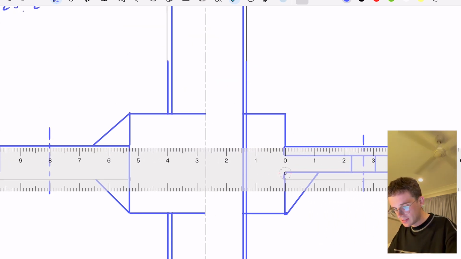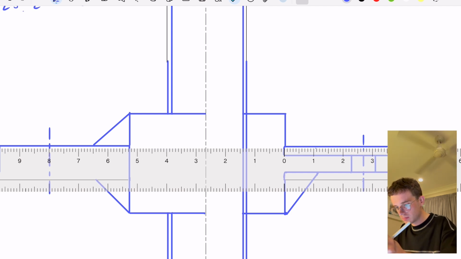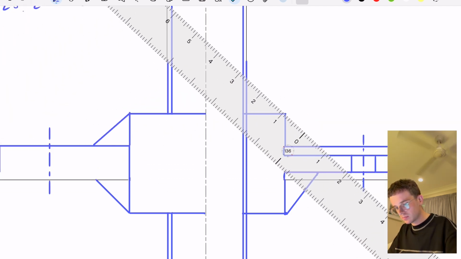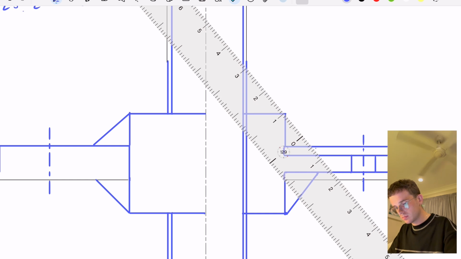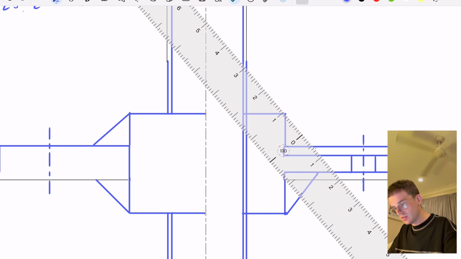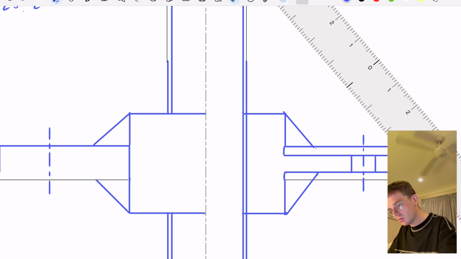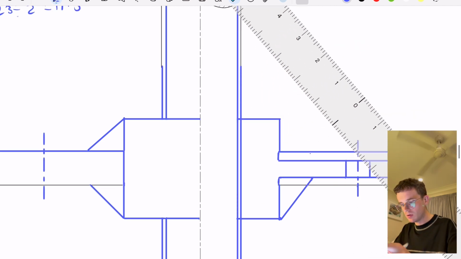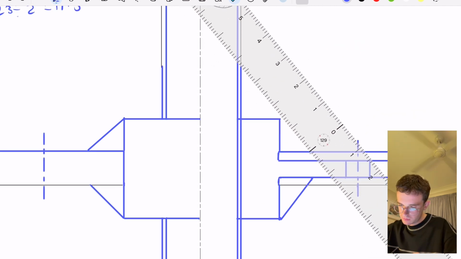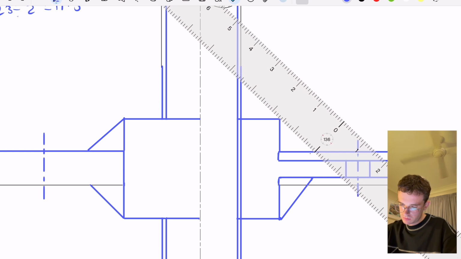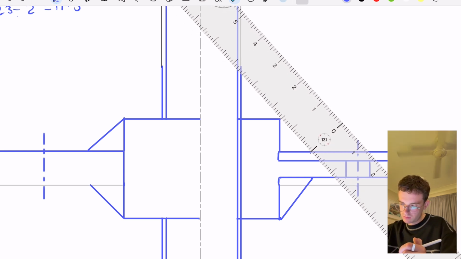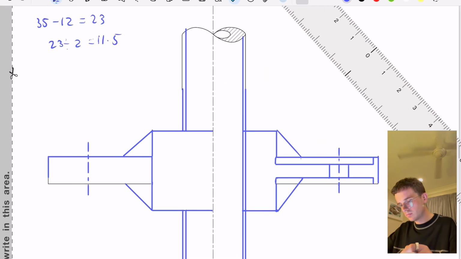Going 11 out. This seems a lot steeper than the other side, but we'll just compare. Yeah, that's definitely wrong. Alright, that will do.